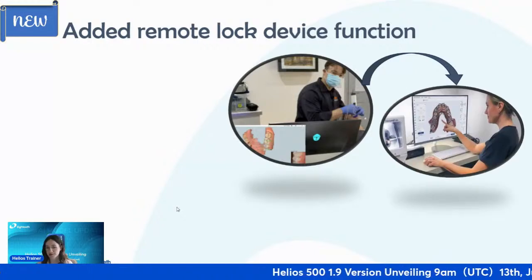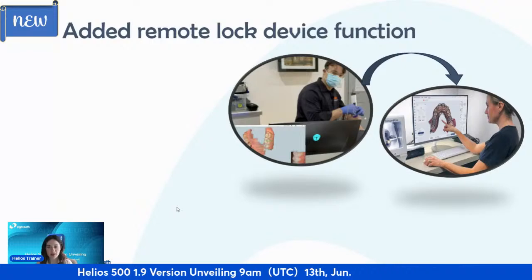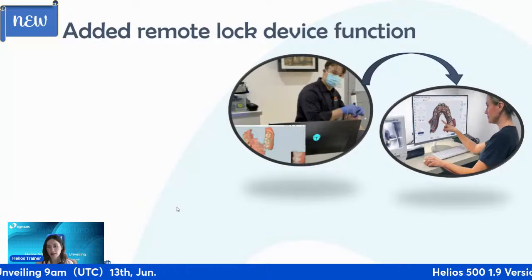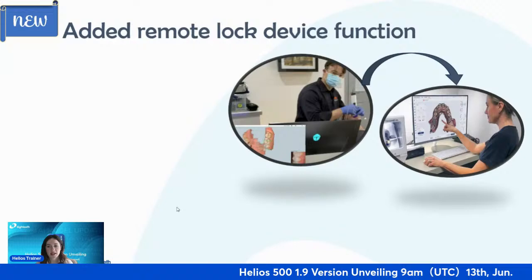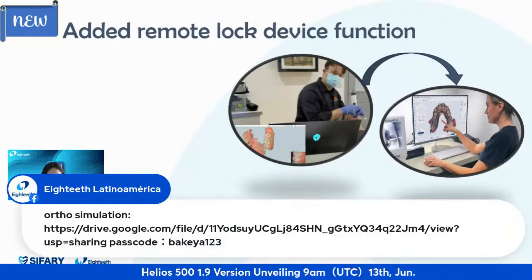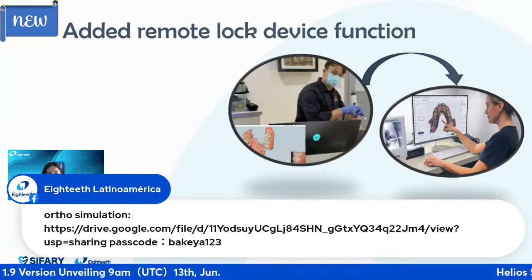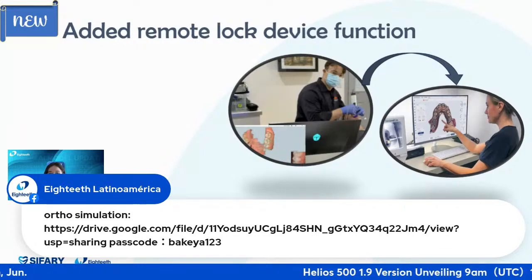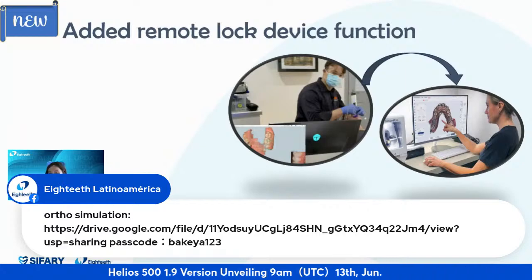This function is related to dental laboratories. If I'm a laboratory and I purchase a scanner in order to work collaboratively with my partner clinic, I'm providing the scanner to my partner clinics.